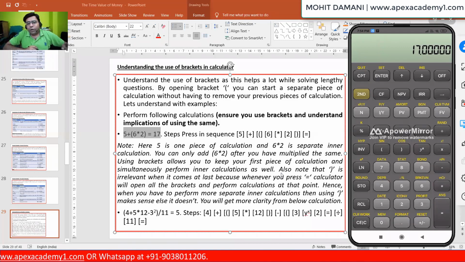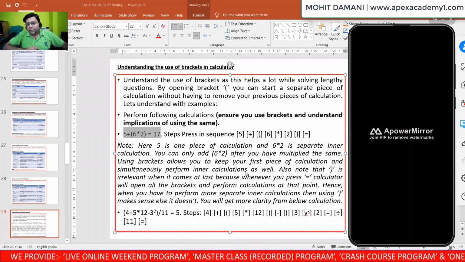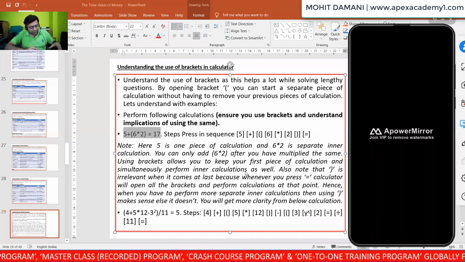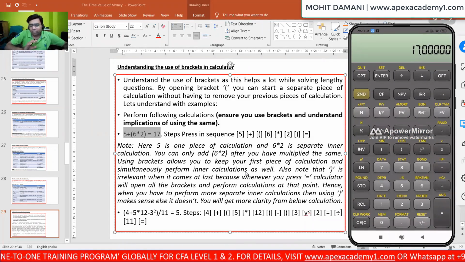So if you feel that you have developed a very strong command over brackets, and in your mock exams your questions are not getting incorrect because of this bracket thing, then you can use that in the exam. But if you think that you have not mastered this, then I would suggest that even if it takes 10 or 20 seconds more, solve the question correctly in the exam. It is more important to solve the exam question correctly than to just save 10-20 seconds.